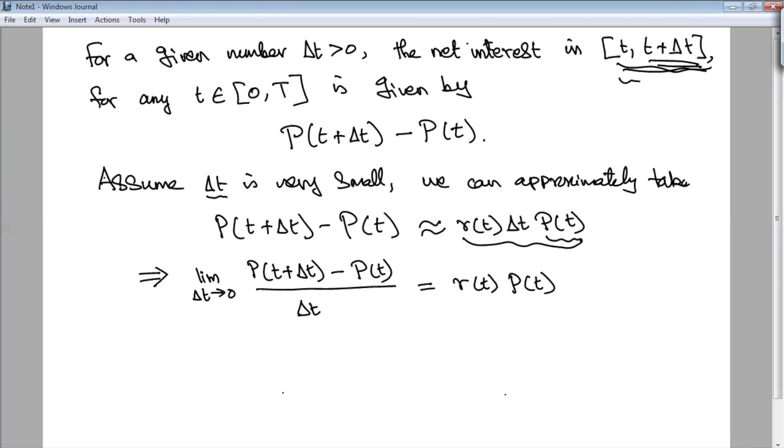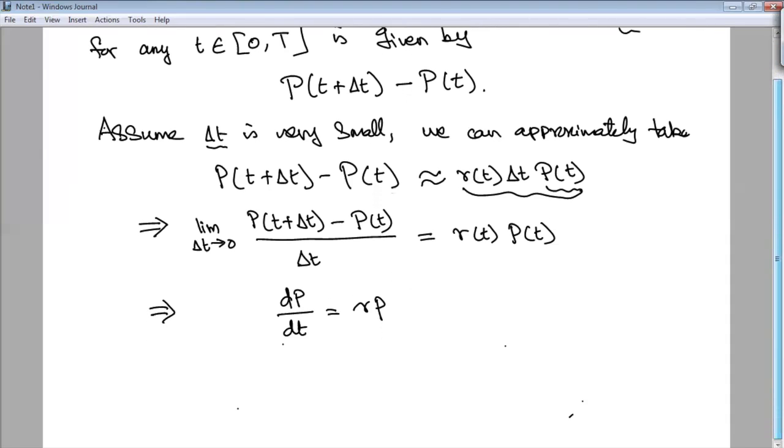I will not put approximately equal to here, because as you go on decreasing the value of delta t, the compound interest value will go more and more close to the simple interest value, and therefore in the limiting case, we can write equal to instead of approximately equal to. So this leads to our required ODE model given by dP by dt is equal to R times P. Okay, R is a function of t.